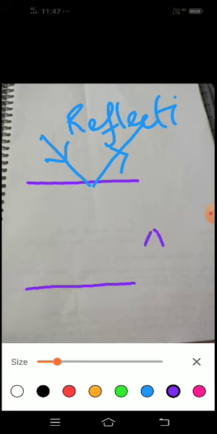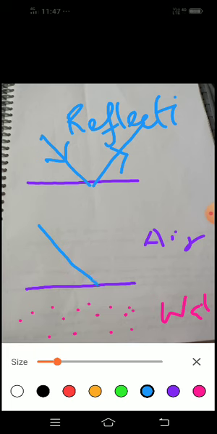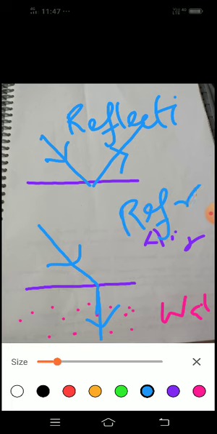And this is your air, and here it's a water medium. Consider this to be a water surface. Again, when a light ray falls on it and there is a change in its direction, this is called refraction. There is a change in its medium.